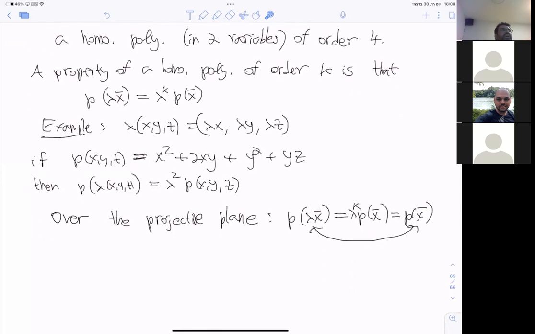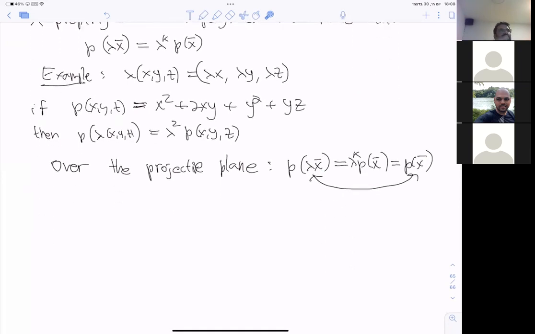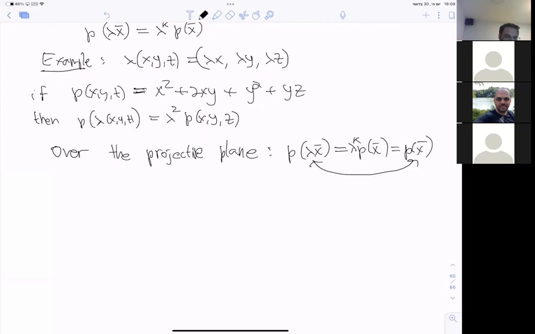Now, why do I show you all this? Because we want to talk about an elliptic curve. Definition. A smooth curve means that everywhere you can put a tangent space.